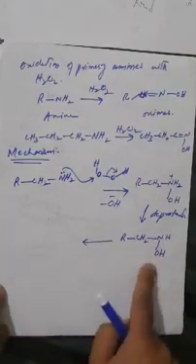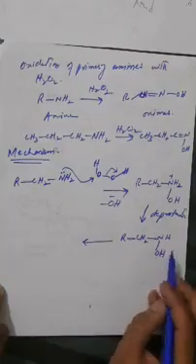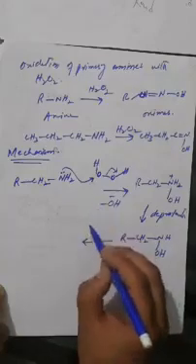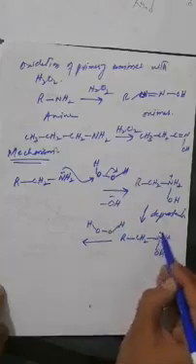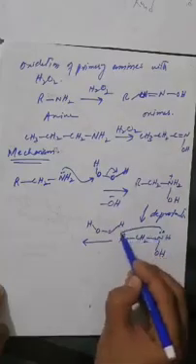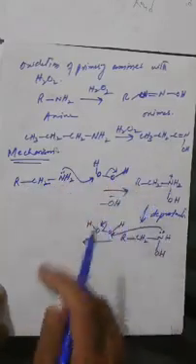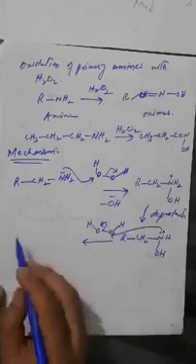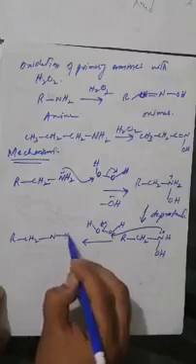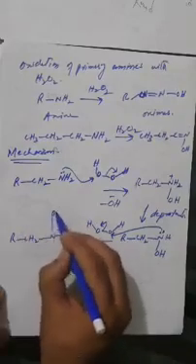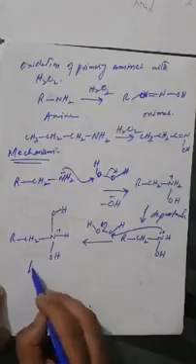What is the name of this compound? It's a hydroxylamine type compound. Then again another molecule of hydrogen peroxide reacts in the same way as the first molecule reacted. So you get the positive charge on the nitrogen.